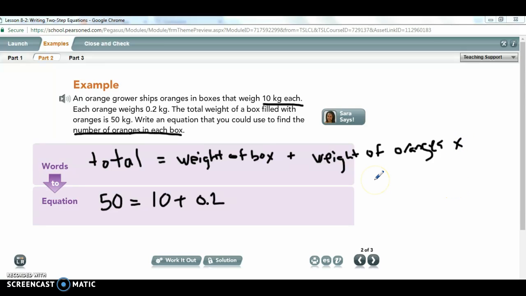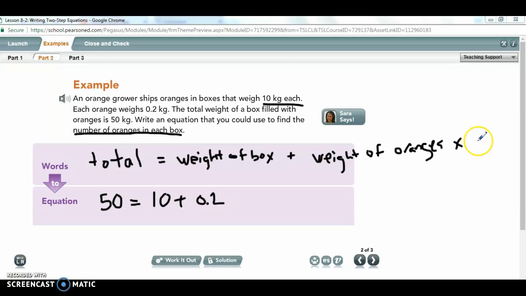It's just like if I was buying tickets to something. If I bought one ticket, it would be 1 times the number that's the price of the ticket. If I bought 10 tickets, I could easily find it by taking 10 times the number that was the price of the ticket. So when I'm dealing with weight of oranges, it's the same concept.